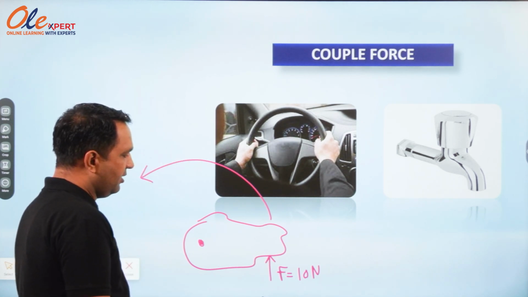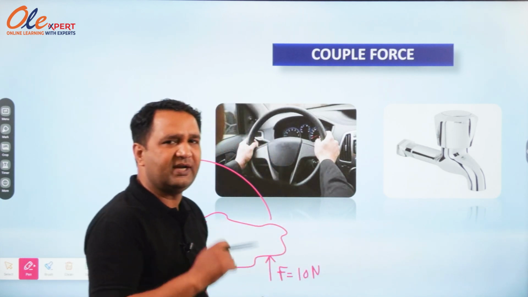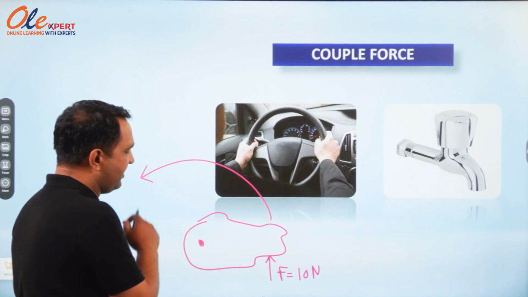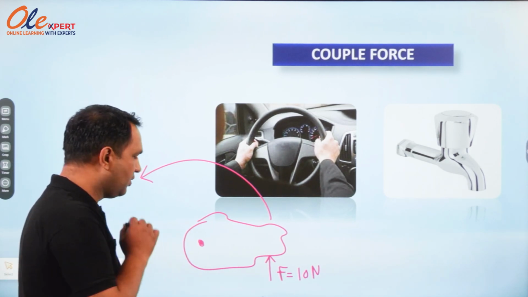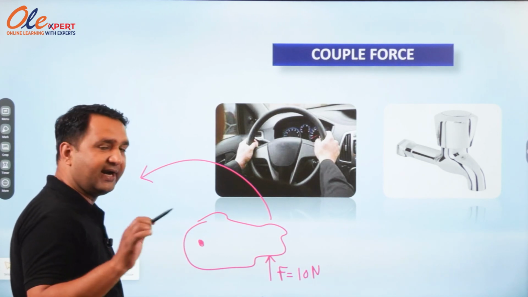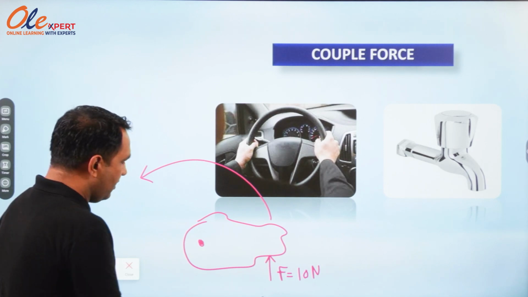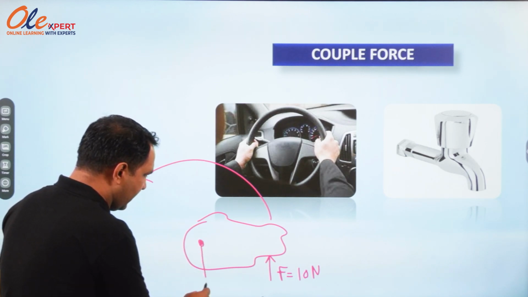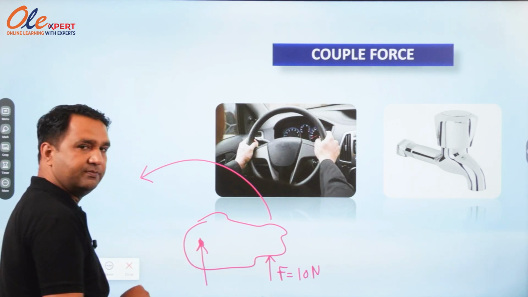What I said is that rotation can be done very easily if we apply force on both sides of this body. Right now too we are applying force on both sides, but one side's force is passing through the pivoted point.